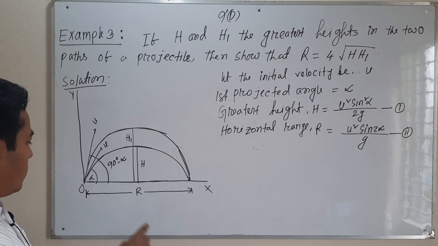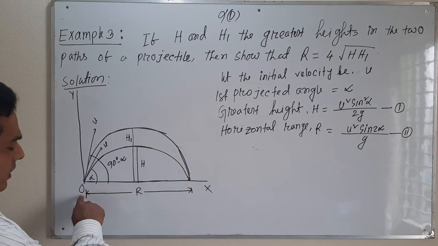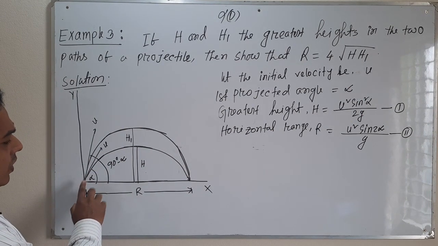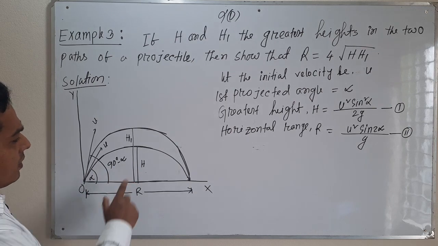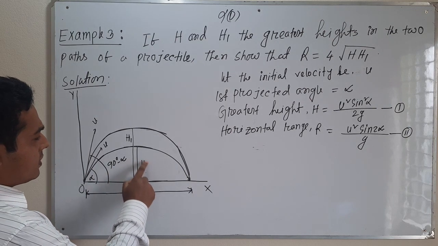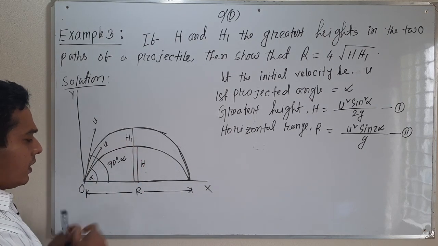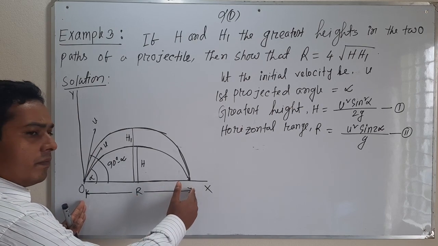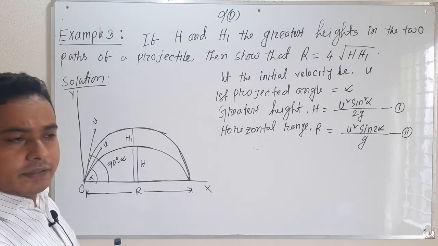If you throw an object from this point, you have two paths of projectile. The first one is h, the second one is h1. They are on the same line, with the same horizontal range.